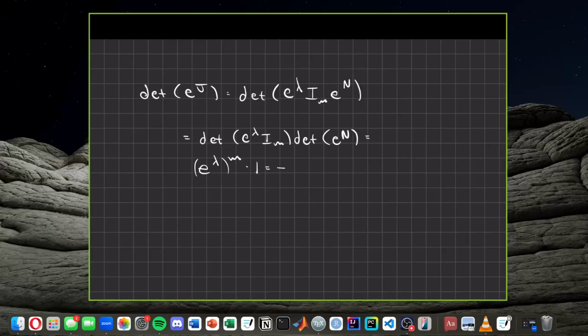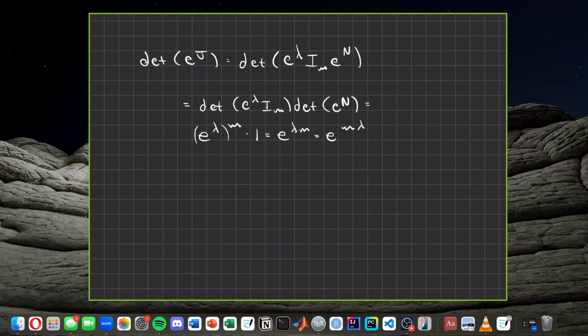That equals e to the m lambda. The order doesn't matter here; they're scalars, so they commute. This directly follows from what we've just shown, with some basic algebra of determinants, and the fact that e to the n is upper triangular.